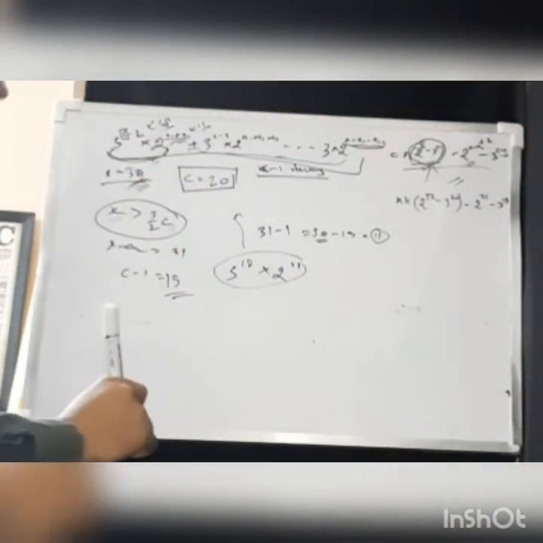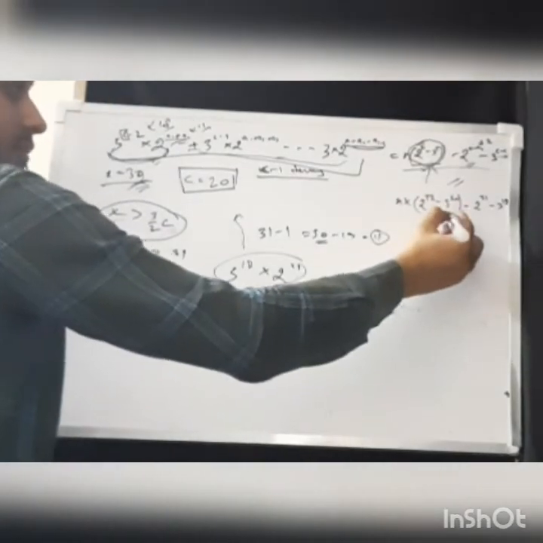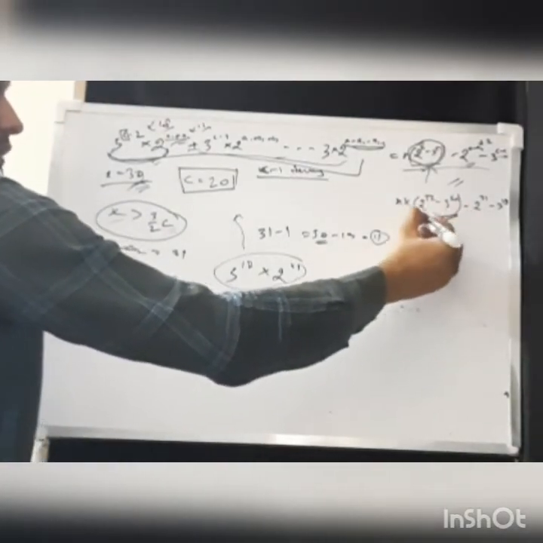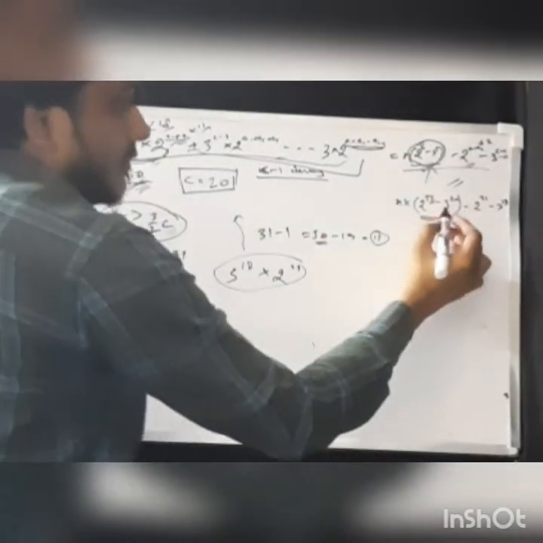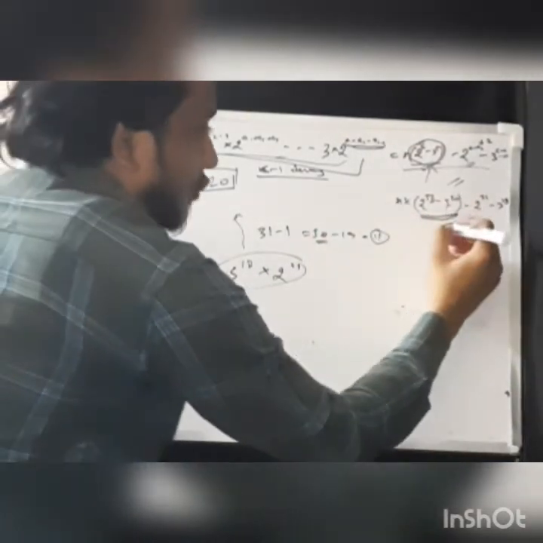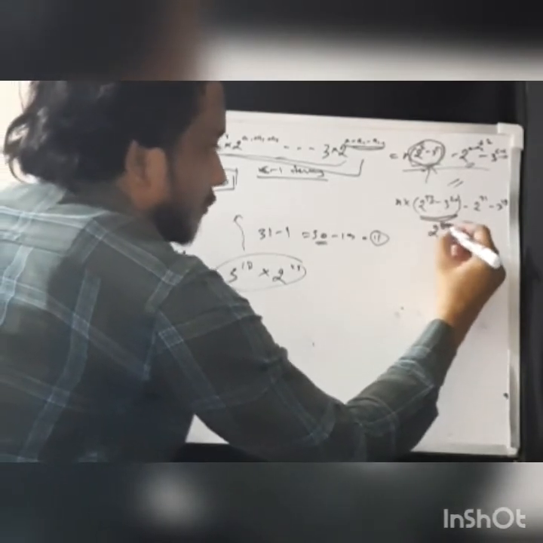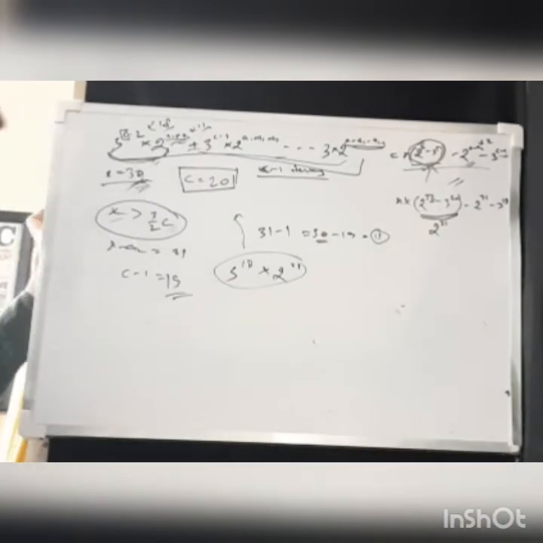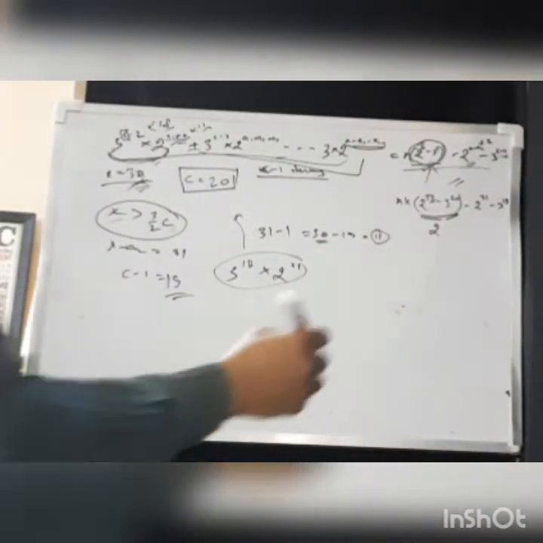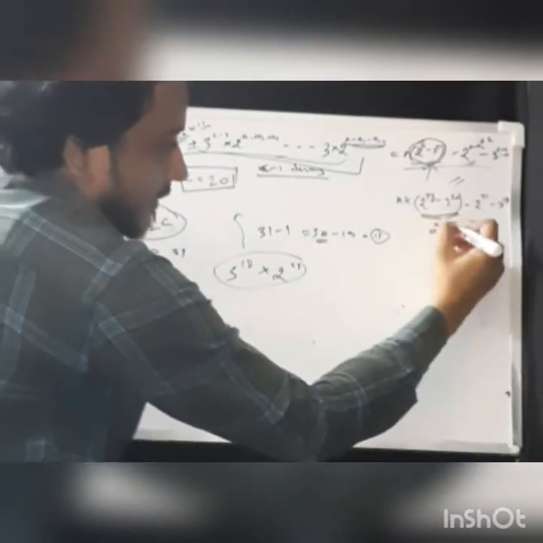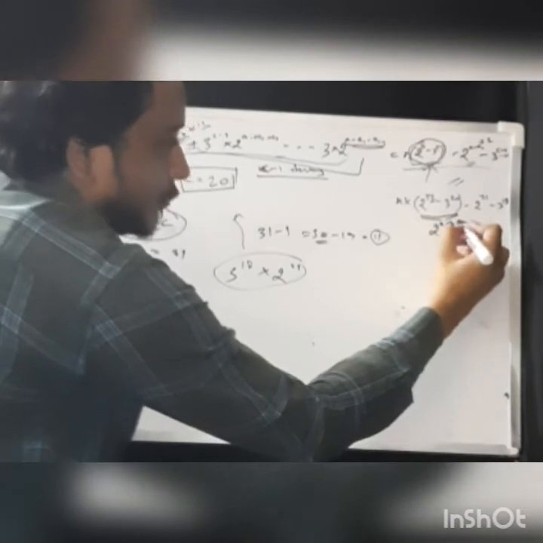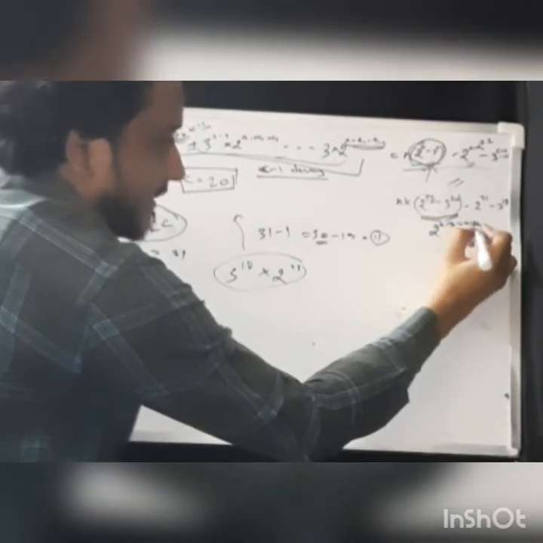So what you will find is that no matter what value of x you take, this number is always near about 2 to the power 31.